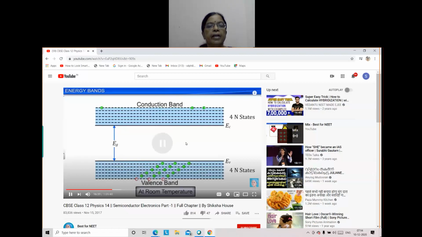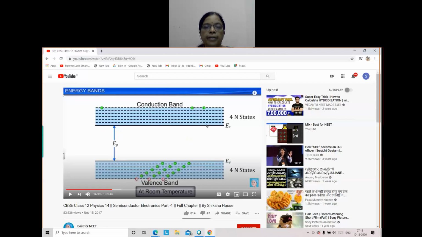So here you have seen, when it gets energy, how much energy does it need to jump from valence band to conduction band? This band gap energy for a semiconductor: for germanium 0.5 eV is needed, but for silicon 1.1 eV energy is needed for the electrons to jump from this level to this level.